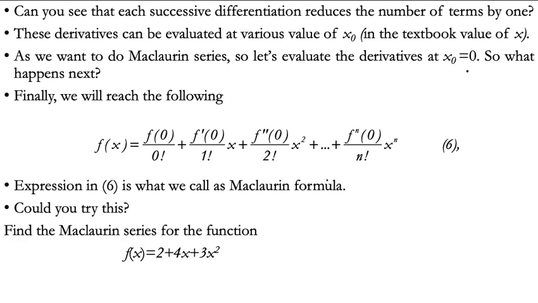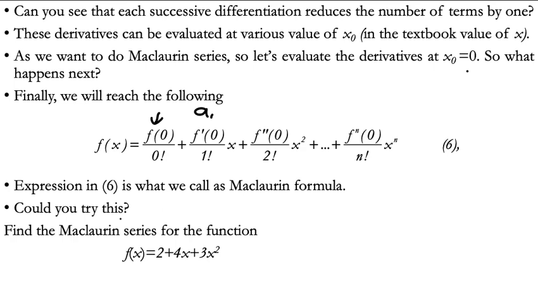The first one here is coefficient a0, isn't it, and then this is a1, isn't it, so on and so forth. So expression in 6 is what we call Maclaurin's formula.